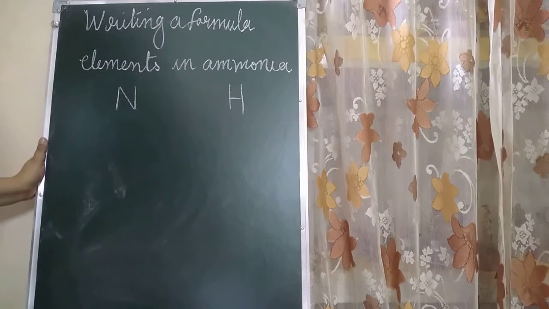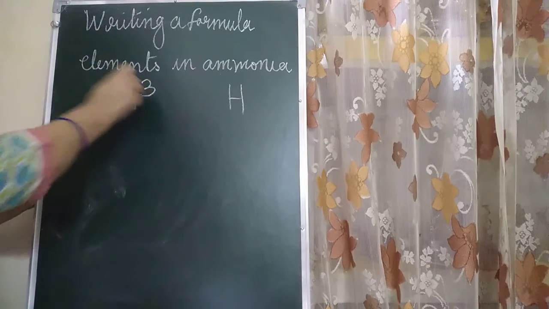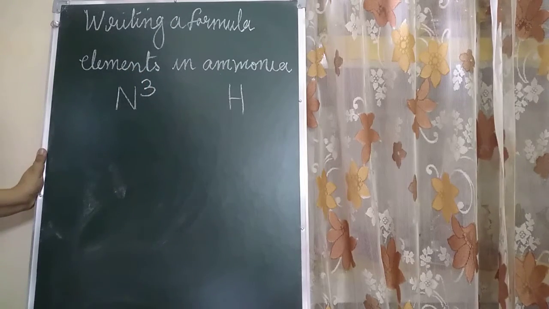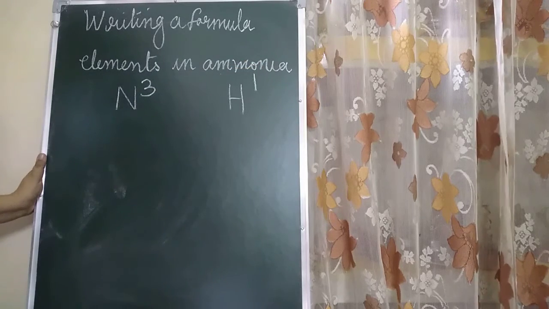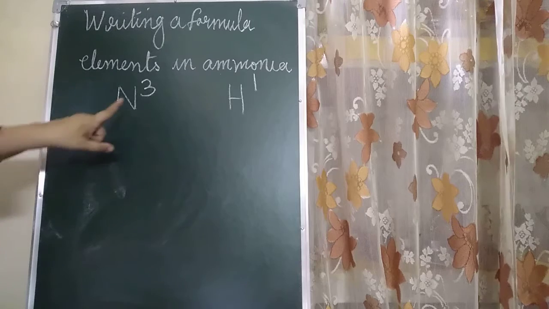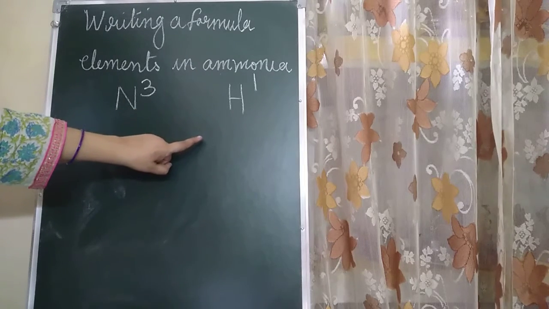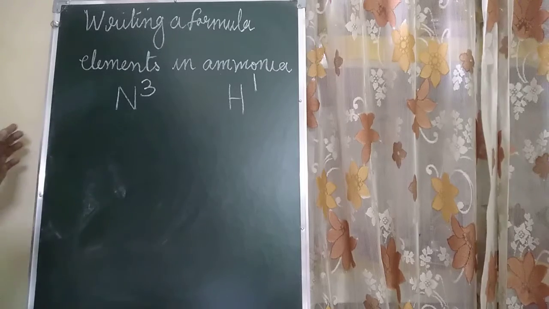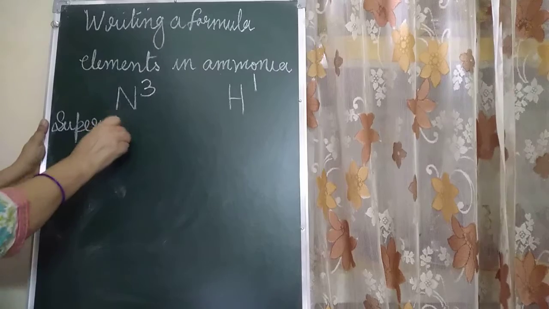The valency of nitrogen is 3 and that of hydrogen is 1. So we write them as N H this way, children. Write their valency on the top as superscripts.